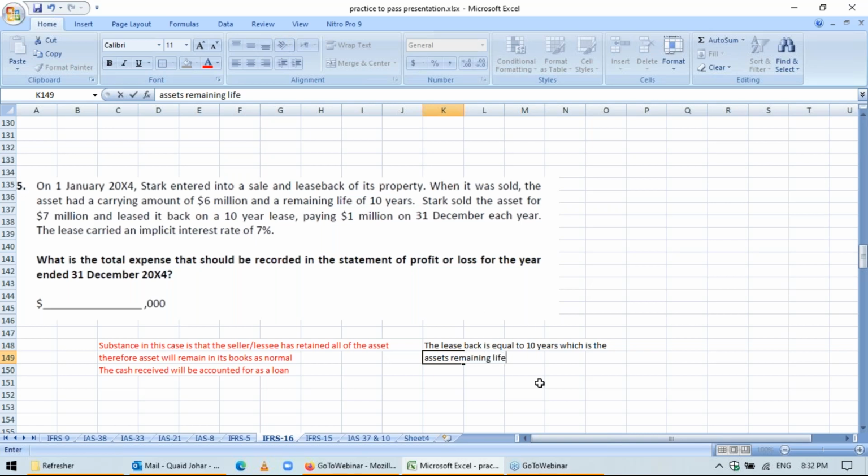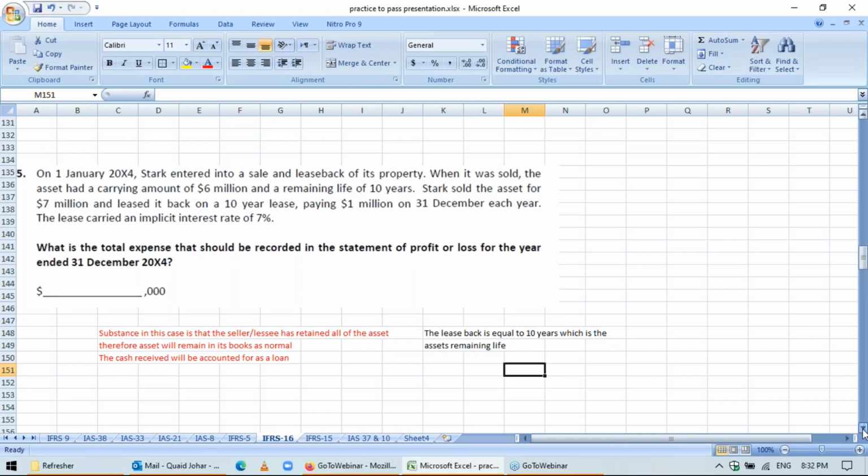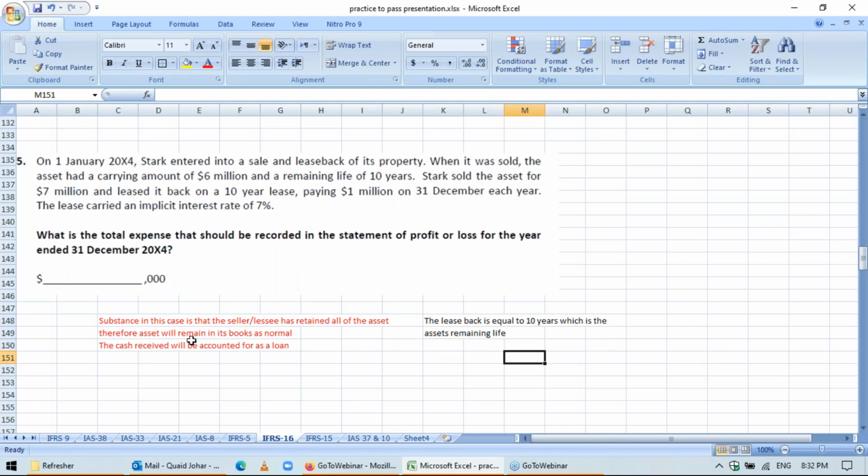Okay, so what they asked for is what is the total expense that should be recognized in the profit and loss account. So if we account for it normally, we'll record a loan, so we will charge an interest on the loan. The entry will be like this. The entry on sale and leaseback will be debit bank account by the cash received amount, 7 million.